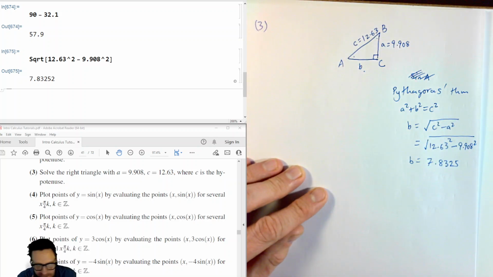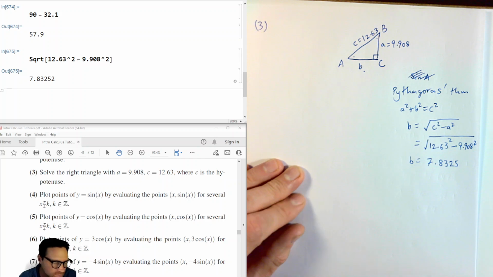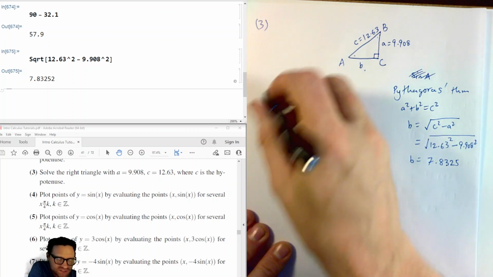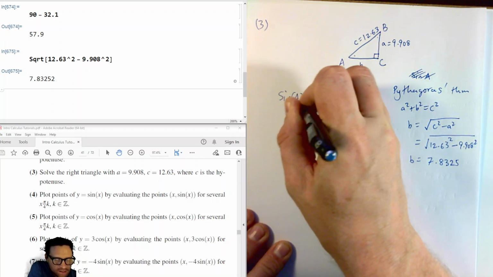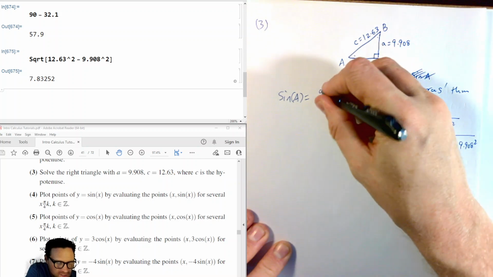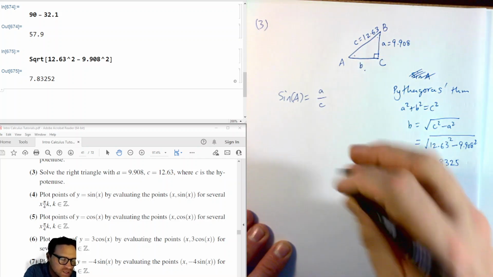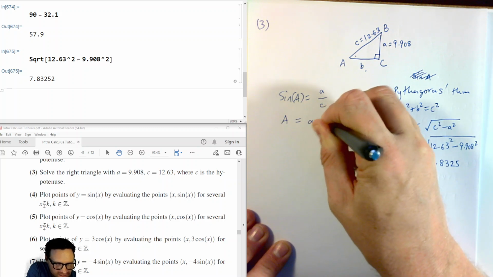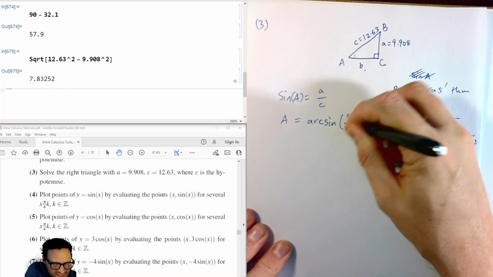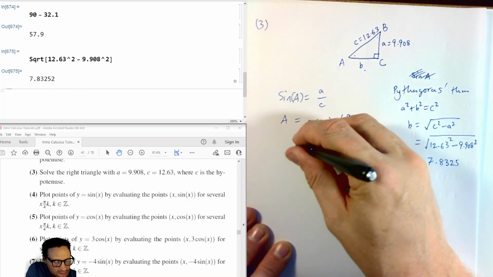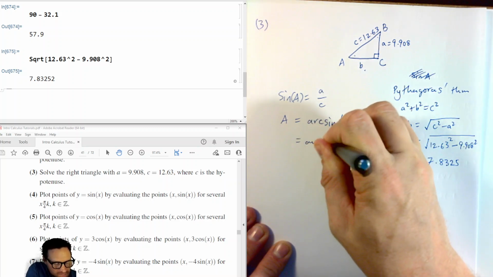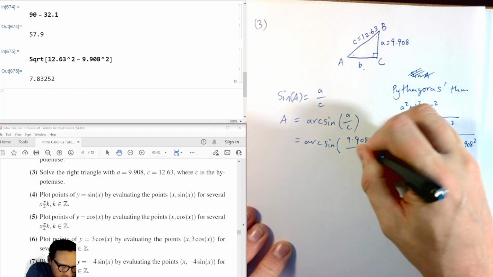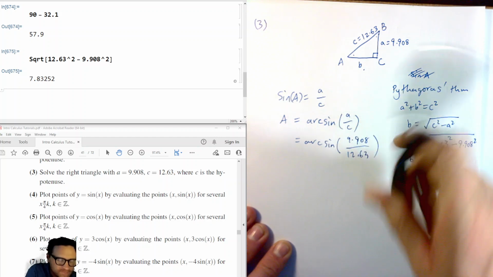So how would we get the interior angles? Oh yeah, we can use sine there, right? So sine of A is A over C, and so uppercase A is the inverse sine, or arc sine, of A over C. So arc sine of 9.908 over 12.63.